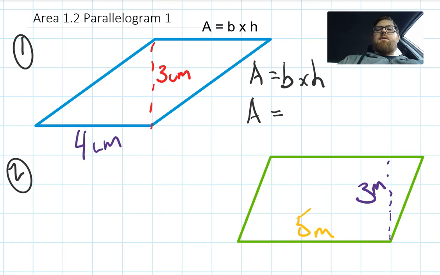So instead of rewriting that B, I'm going to write 4 centimeters. Now I have the times symbol, and then I need to put down my height. It's going to be the total height from the bottom all the way up to the top. In this case, it's given to us, and that's going to be 3 centimeters.